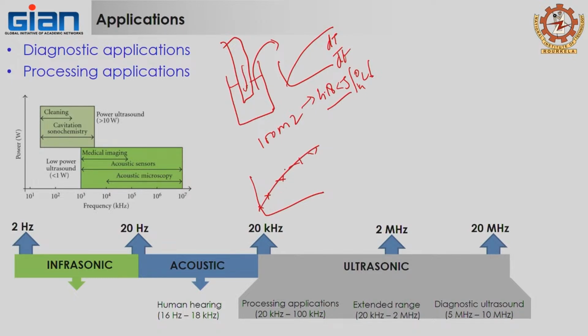Suppose this is your temperature and this is your time. When you take the slope of this, dT means delta T. Those who are from a physics or maths background do understand that. And this is time, right? You measure the slope of this.